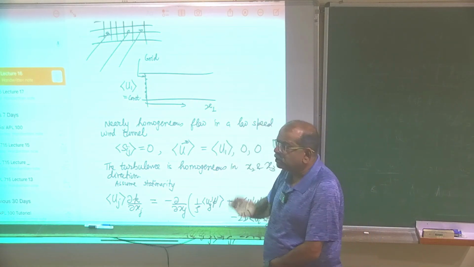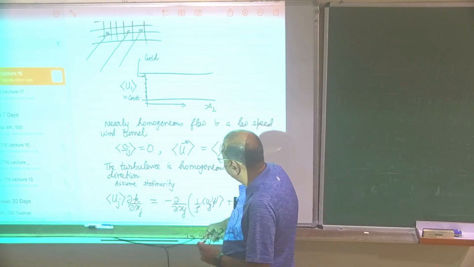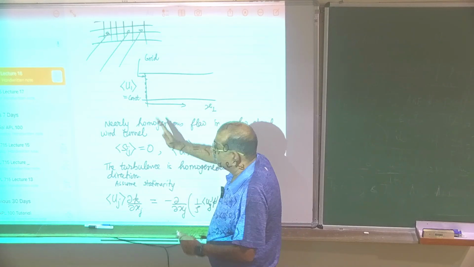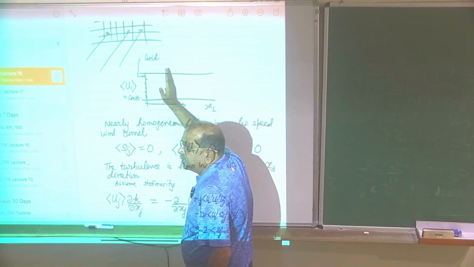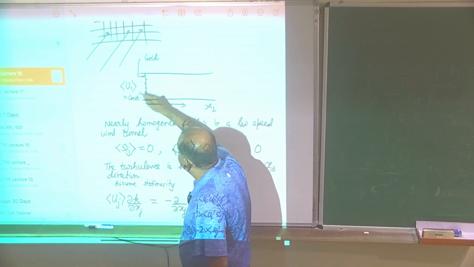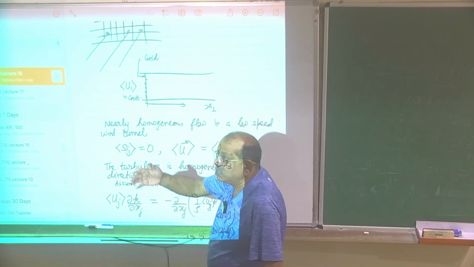If I move with the mean velocity, then what I will find is things will change with time, because initially I am here, then I am going down with the mean velocity. So that is my frame of reference. So there, if I measure quantities, as I go downstream, things will change with time.